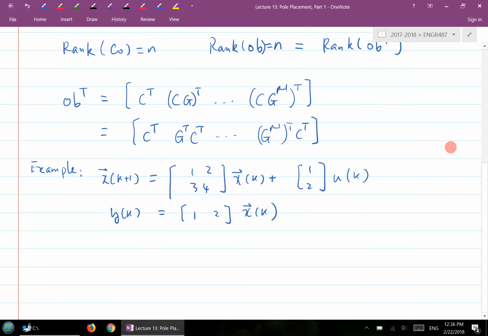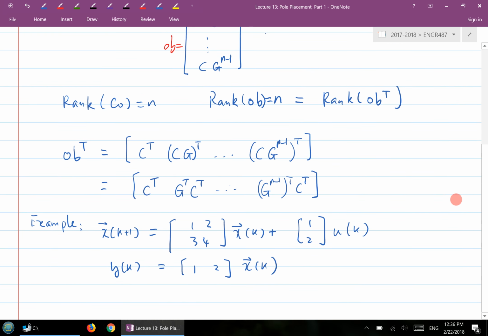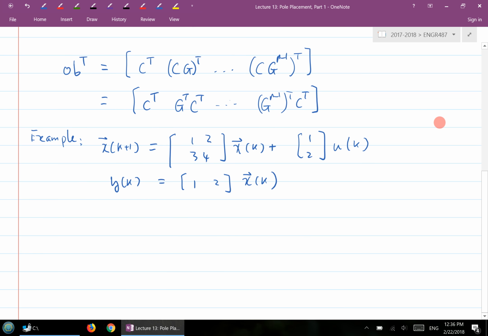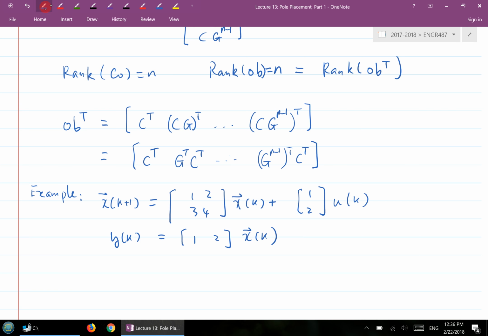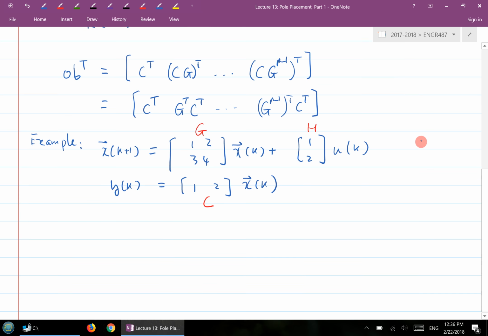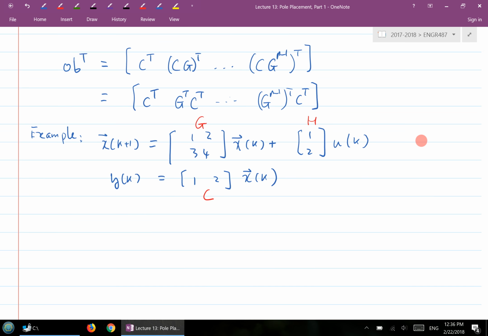So this is purely an application of the formula that we're going to use, right? First of all, you have to identify which is which, of course. So this is our G, H, C. Let's take a look at the controllability matrix. This is second order, so here n equals 2, right?